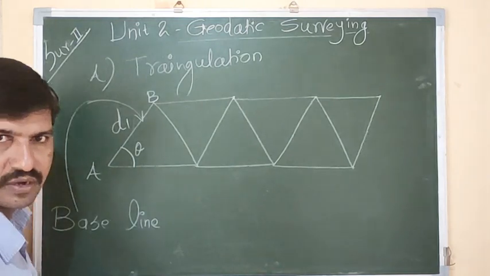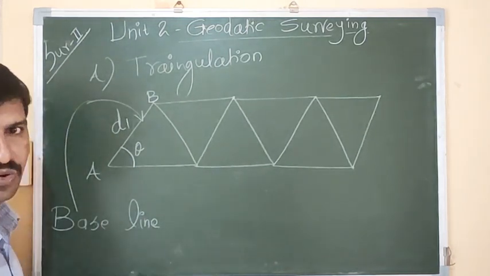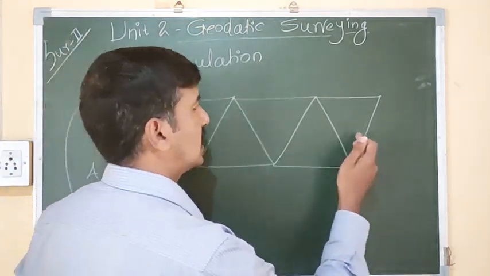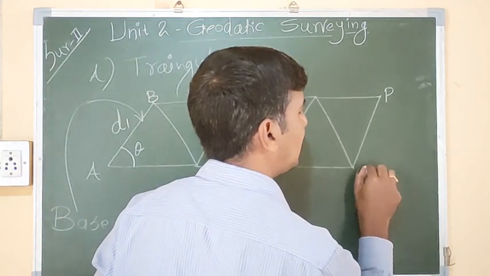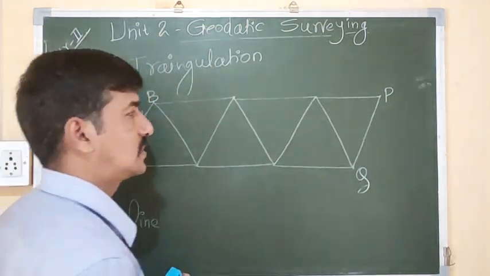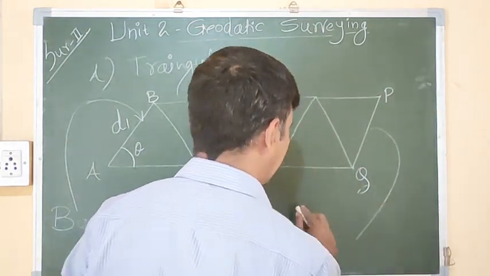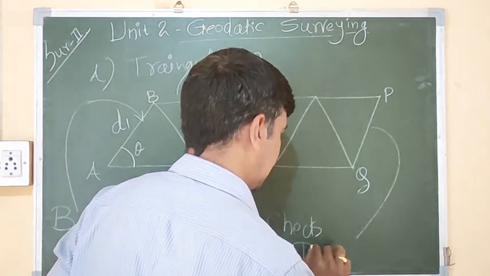Whatever remaining work is to be done by calculation using the sine rule. Suppose this is my last point, say P and Q, and this last distance is again measured, which is called the check base.